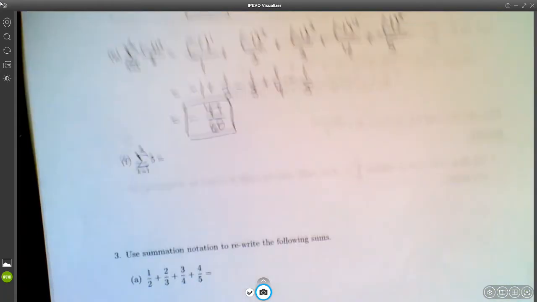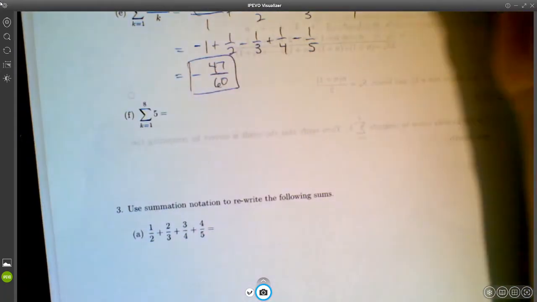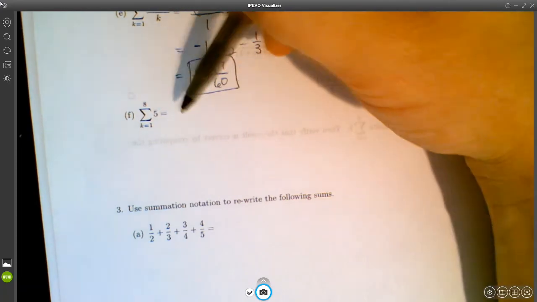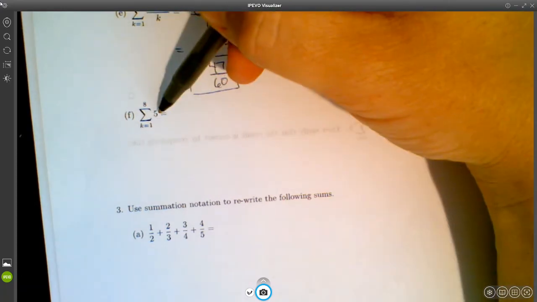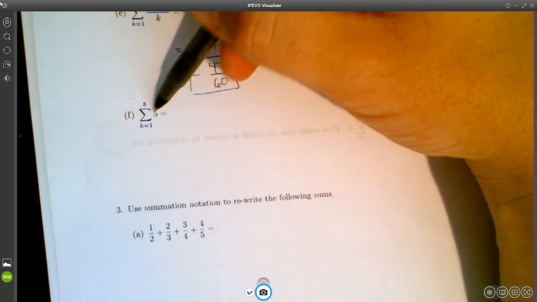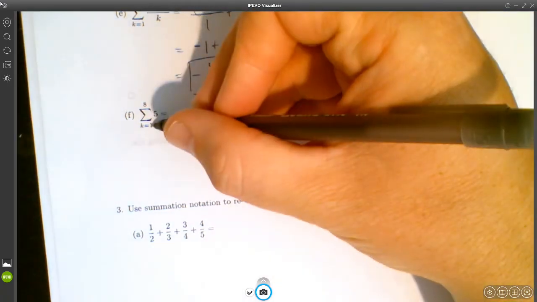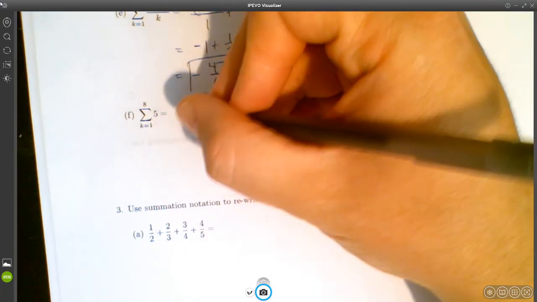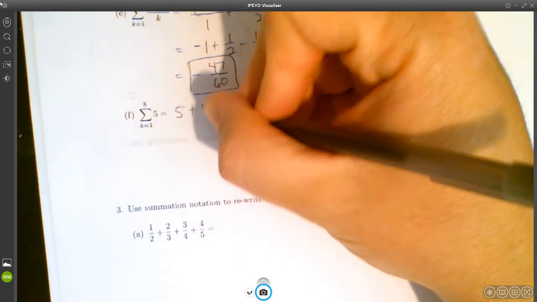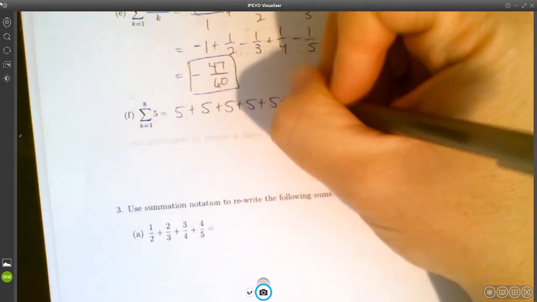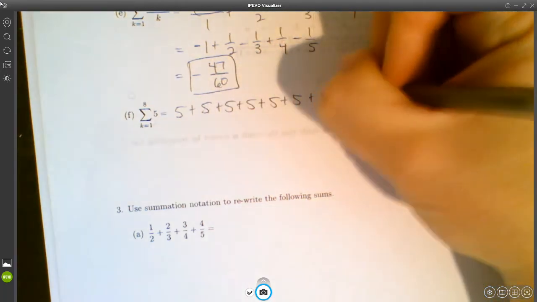Okay, and then part F, let's look at this one together. It's a little bit strange because the rule here doesn't even involve a k. So what does it mean to plug in k equals 1? Well, k can be whatever it wants to be. The output still needs to be 5, right? So we're gonna do this 8 times because we're gonna start with k equals 1, k equals 2, 3, 4, 5, 6, 7, and 8.